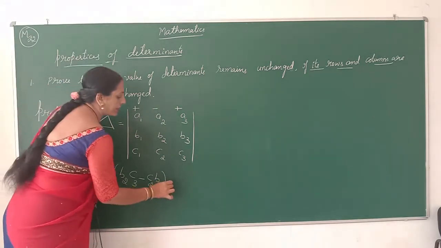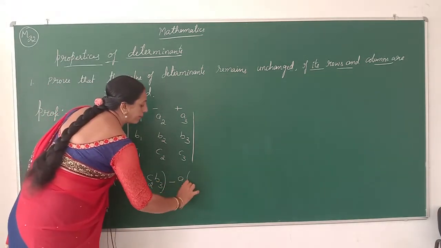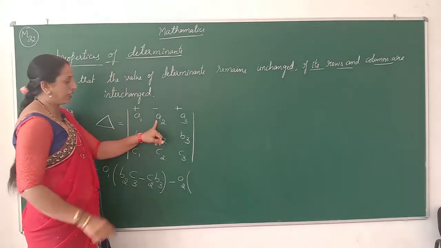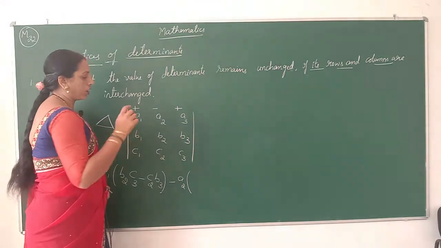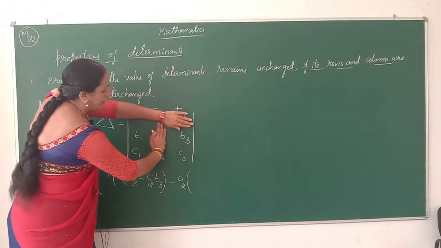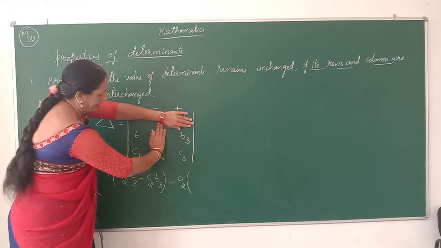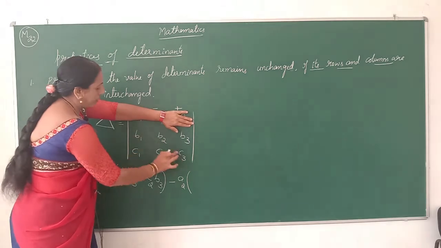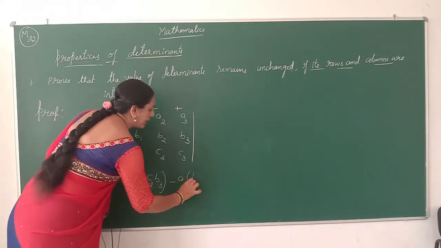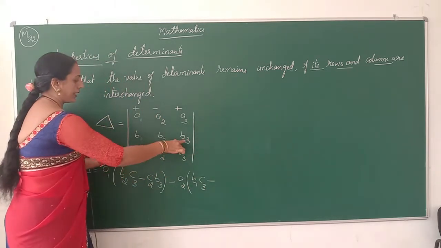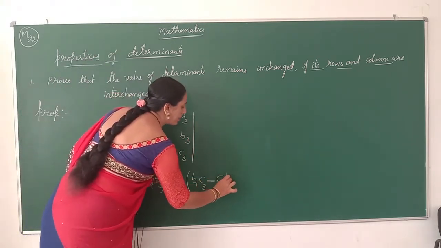Similarly, the second one is minus A2 of. A2 is an element of the first row, second column; these elements are neglected and the remaining elements are B1, B3, C1, C3, which are again cross multiplied. The left diagonal is B1 C3 minus the right diagonal C1 B3.